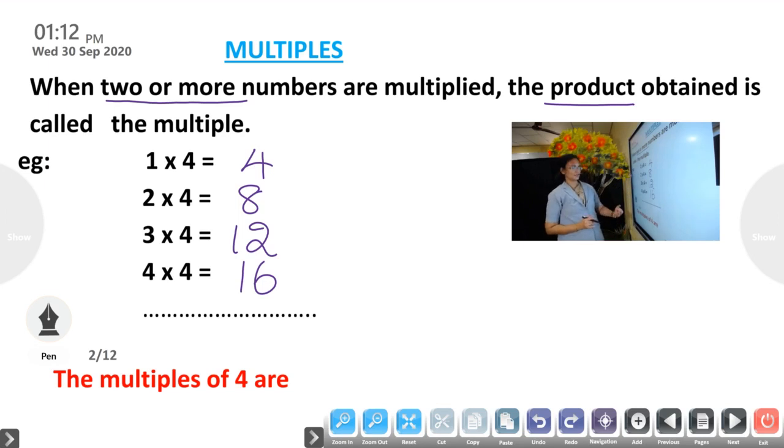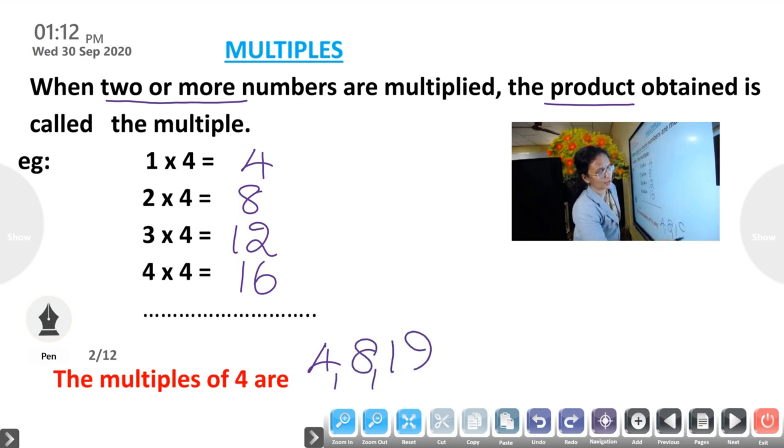So we can say that the multiples of 4 are, see, 1 multiplied by 4 is 4, 2 into 4 is 8, 3 into 4 is 12. So the multiples of 4 are 4, 8, 12, 16, etc. It goes on.